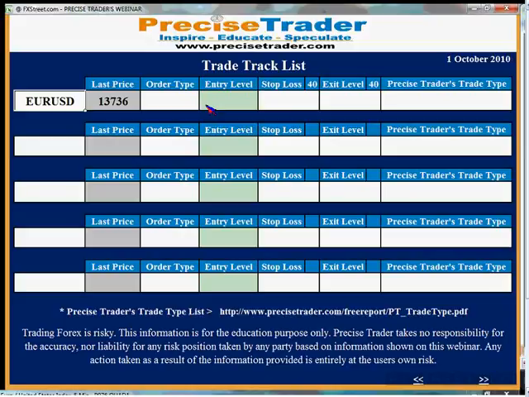Anyway, coming back to this, we may want to do a limit buy near 136.90. If you are a conservative trader, then what I would suggest is you may want to enter at 136.70, 75. That means another 15 pips lower.